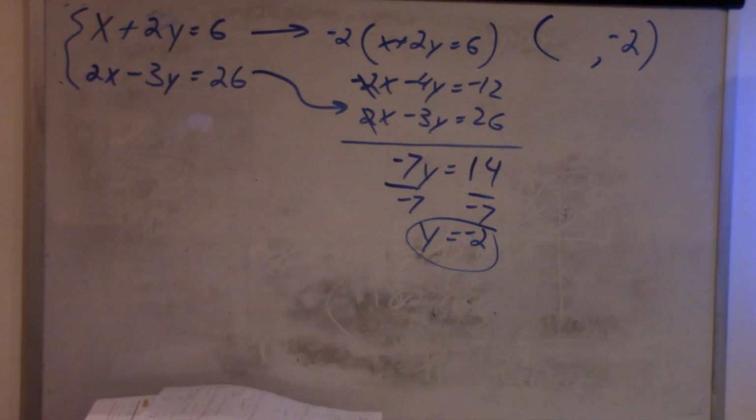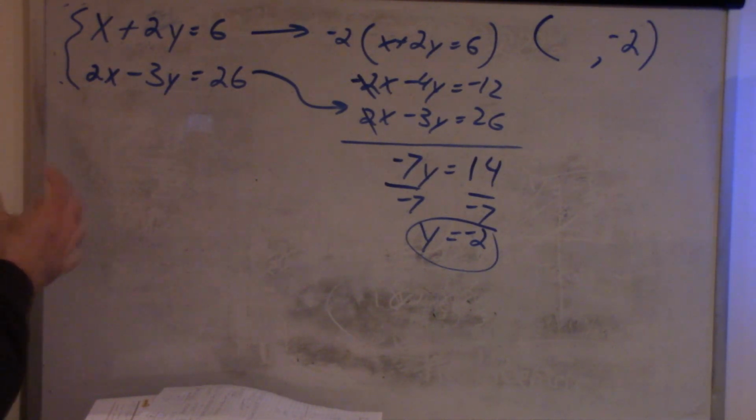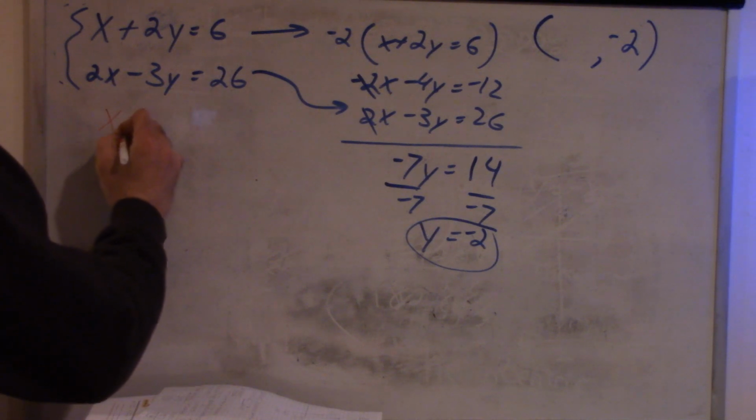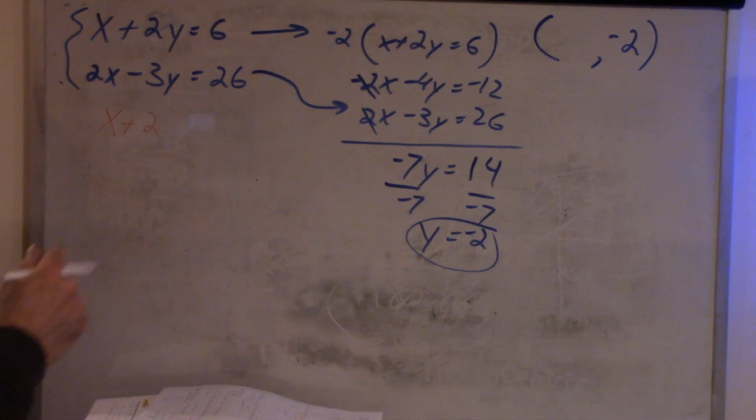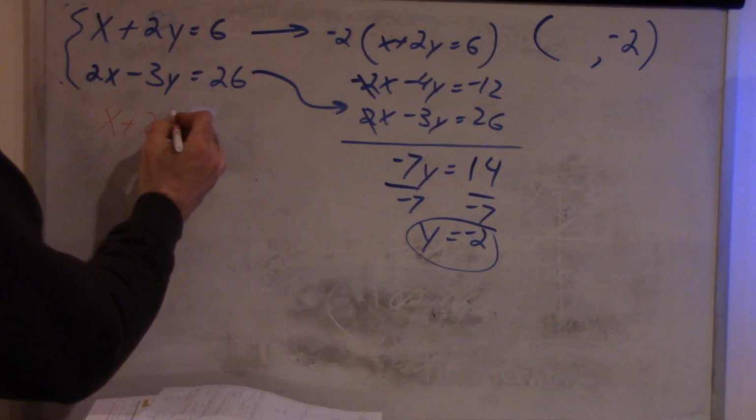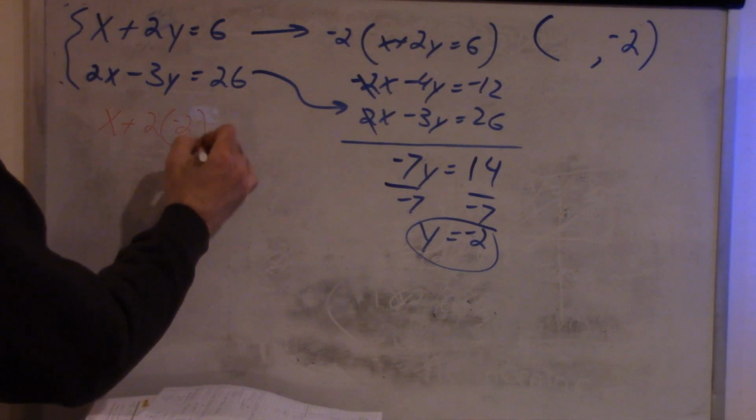Now we have to find out what the x is. So we know y is -2, let's find the x. Well, how about this? It's easy. There's only an x by itself, so I'm just going to write it in, in a different color for you. x plus 2, and instead of the variable y, we figured out that y was -2, so we're going to put in -2.